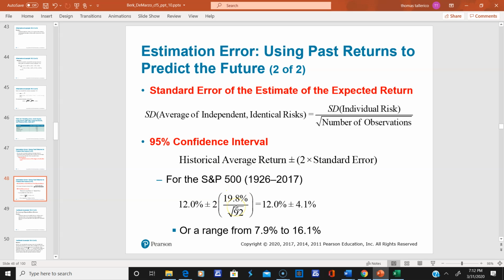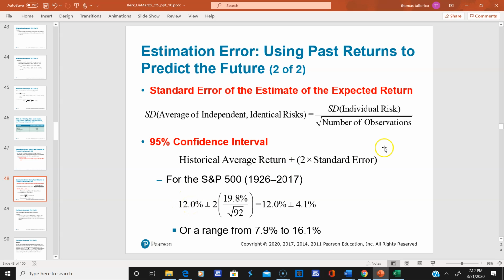We would end up getting 12 plus or minus 4.1%, which is the range of our returns. It's going to be 7.9 if I subtract 4.1, and if I add 4.1, it's going to be 16.1.